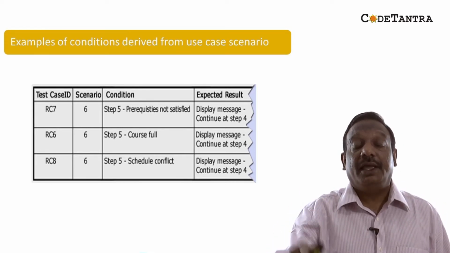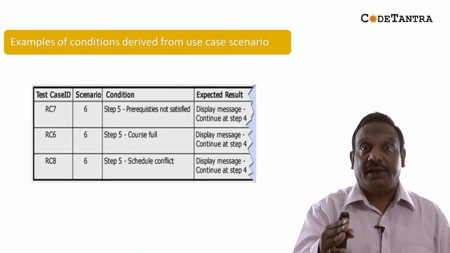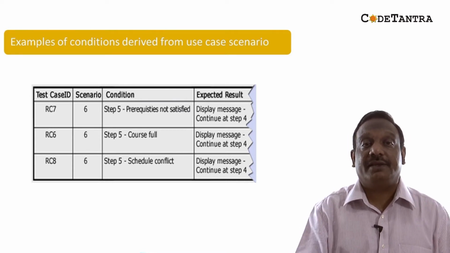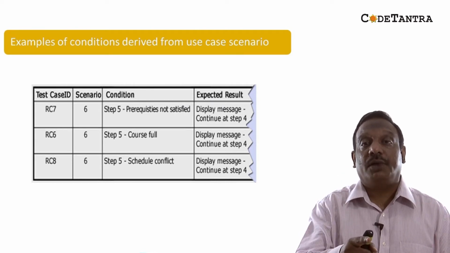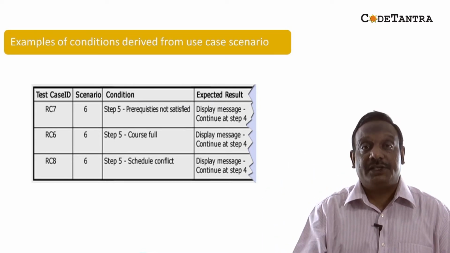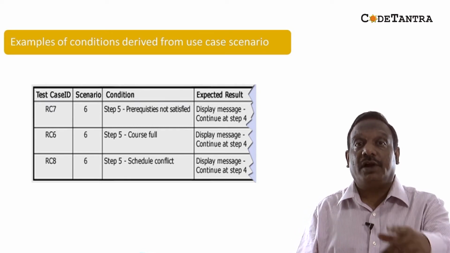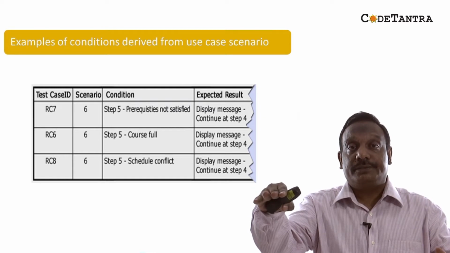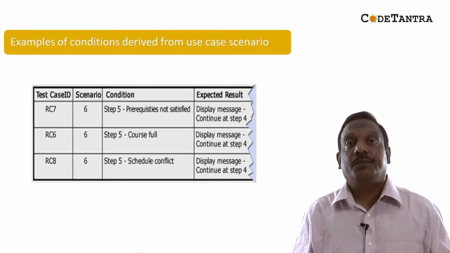Then again display an appropriate message and continue at step 4. Another condition that can happen there is a schedule conflict. Because of that, this course cannot be enrolled. So go back to step 4 and change the courses that you are adding to your schedule. So that is what you have identified for that scenario, all the different conditions under which this alternative is taking place.